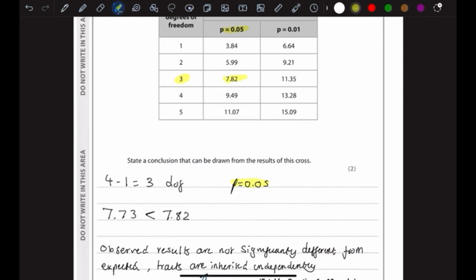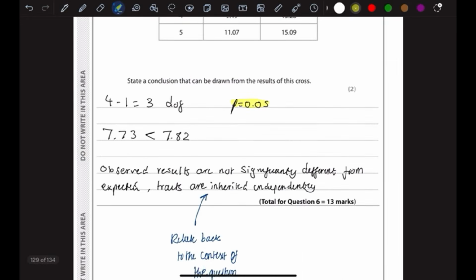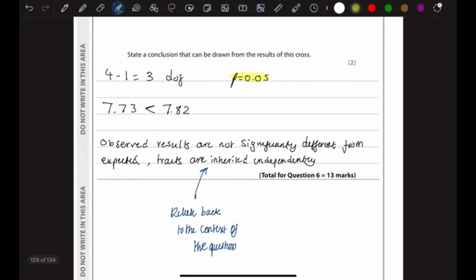If our value is lower than the critical value, there is not a significant difference. Cool. And then the second part, context of the question. So this part, again, we go back to the concept of the question. Traits are inherited independently. I haven't put in the stem of the question, but that's how you would know. I hope that makes sense for answering a question on a statistical test.